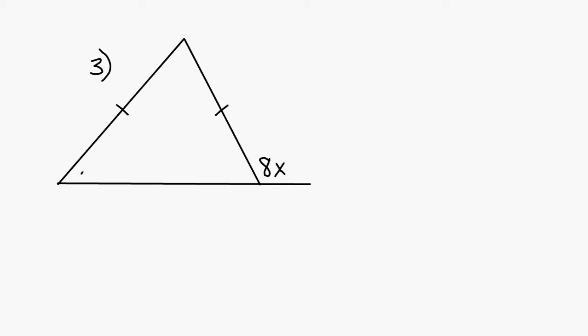This angle is 2x minus 40. Now remember, in an isosceles triangle, if these two sides are equal to each other, then these two bottom angles are equal to each other. So if the angle on the left is 2x minus 40, then the angle on the right is 2x minus 40.